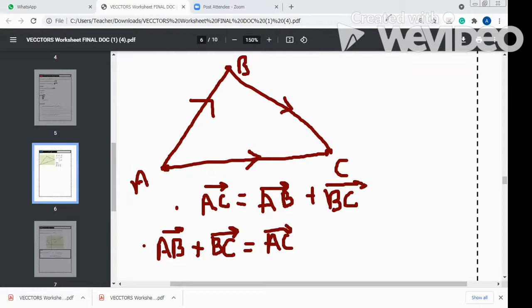Have you ever heard the term the shortest distance between 2 points is a straight line? Have you heard that phrase before? Yes, sir. For example, let us say you're on the play field, and there's a goalpost, one end of the goalpost to the other end.